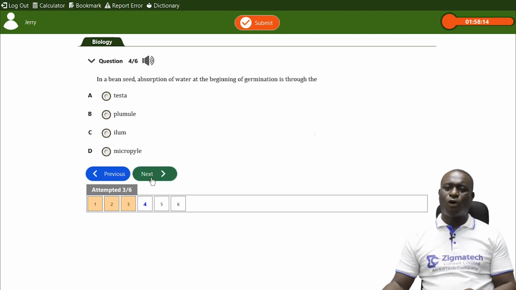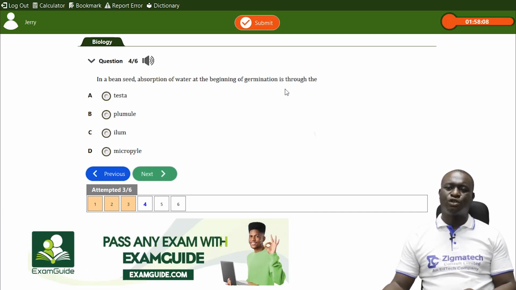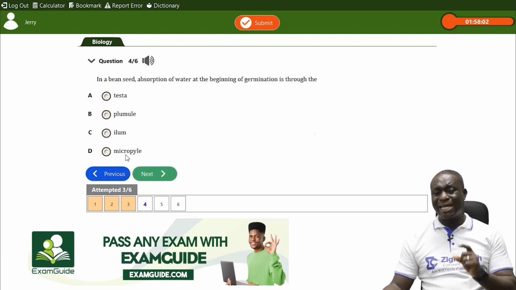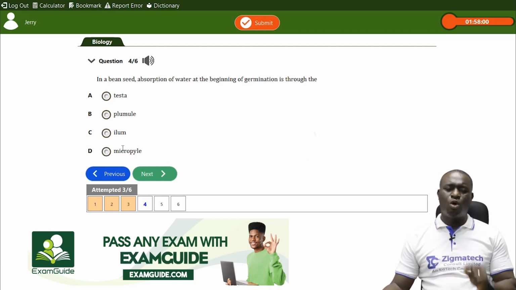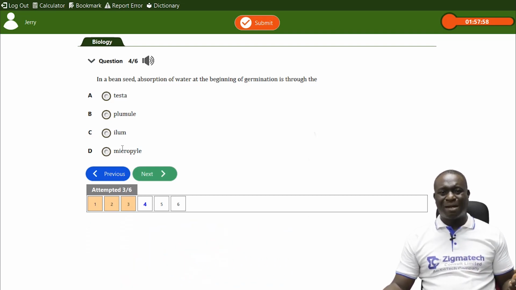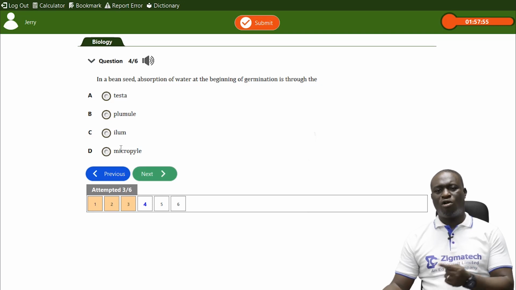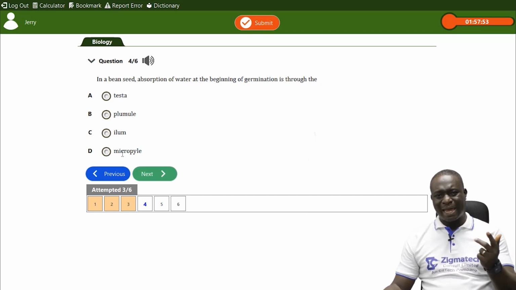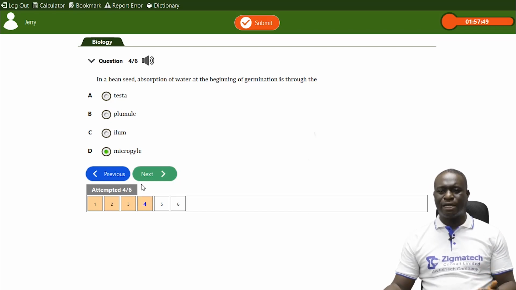And then number 4, it says in a bean seed, absorption of water at the beginning of germination is through what? Now, it is actually through the micropyle. Remember, I told you that the micropyle is a tiny hole or opening that allows the entrance of water and air or oxygen. So it passes through the micropyle.